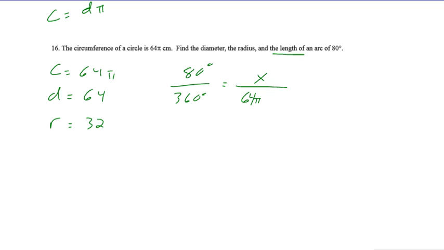What I do know is that I can cross off those tens, and I can also divide by 4. So the equation I'm left with is 2/9 equals x over 64 pi. Cross multiply, you get x equals 128 pi over 9 centimeters.